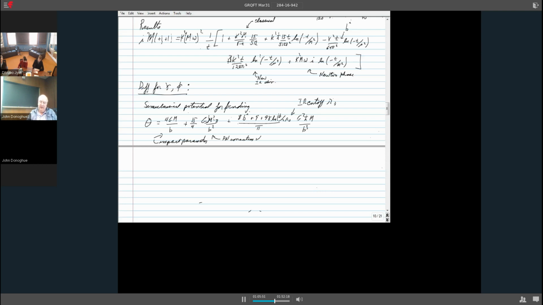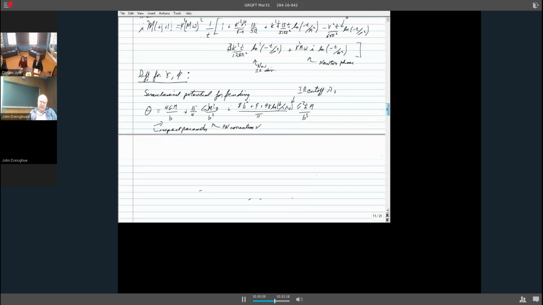And then there's a bunch of terms which, all right, I'll just write it out. 8 b sub I plus 9 is 48 log b over 2r0 over pi G squared h bar m over b cubed. So there's your quantum piece.